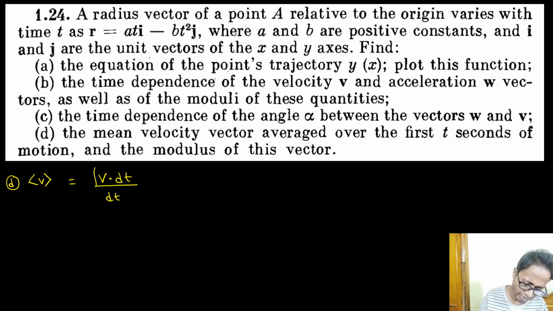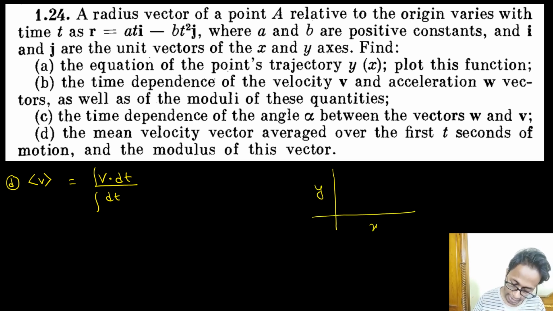So what do I mean by that? Suppose there is a function. Suppose I'm plotting a graph of y and x, and the graph comes up to be something like this. And I'm asking what is the mean of y from x equals x1 to x equals x2.